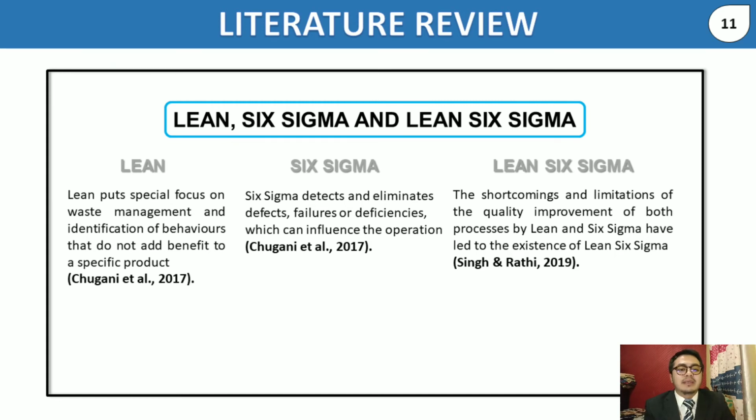For Six Sigma, Chungani stated that Six Sigma detects and eliminates defects, failures or deficiencies which can influence the operation. A study by Singh and Ratti in 2019 stated that the shortcomings and limitations of the quality improvement of both Lean and Six Sigma processes have led to the existence of Lean Six Sigma.